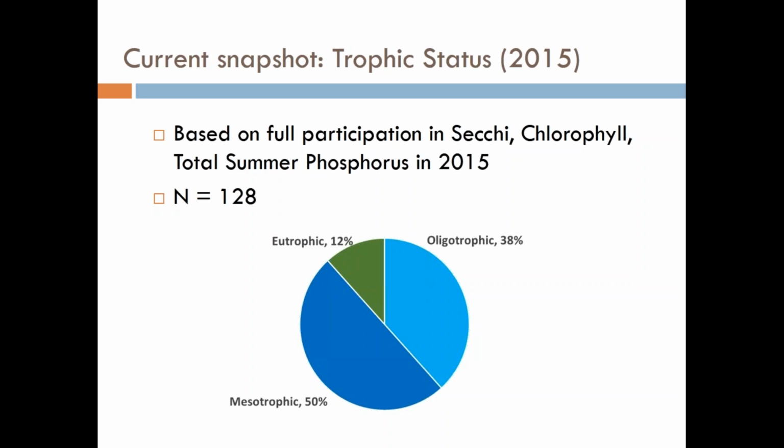And it's not shown on here, but we usually get about 0.5% or so of hypereutrophic lakes, lakes in the highest category. 1 or 2 lakes a year maybe have that. So it's just kind of an interesting way to compare what you have to what the other lakes are around you.